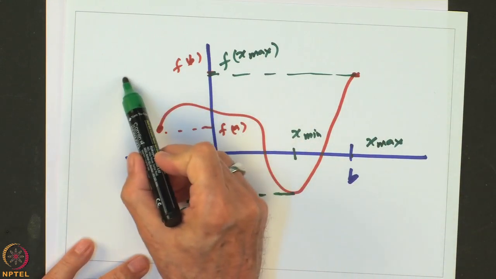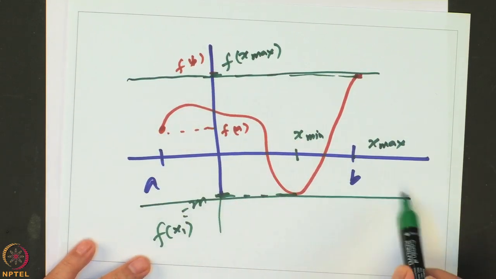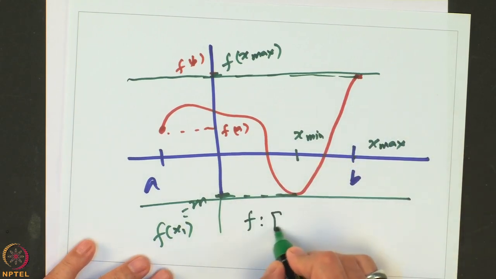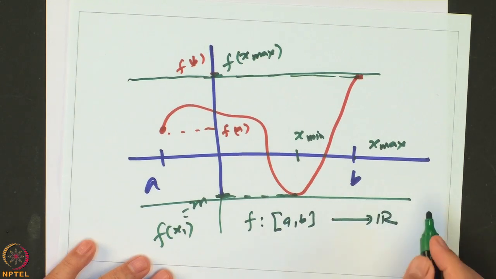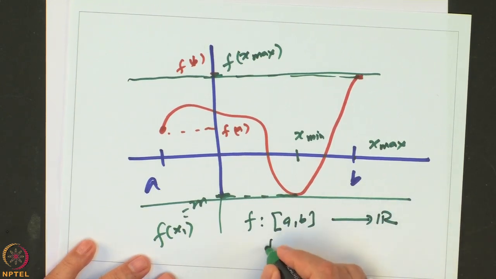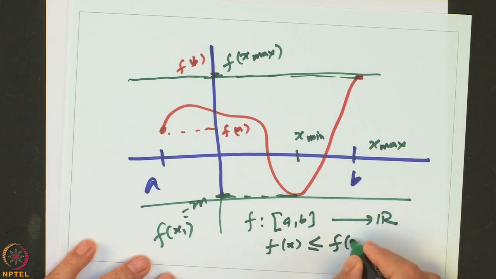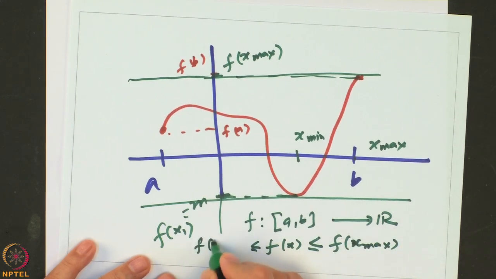So, it says that the graph of the function will lie between these two lines. So, that is what it says. If f is a continuous function on a closed bounded interval [a, b] to R, then it says that f of x for every value will be less than or equal to f of x max and will be bigger than or equal to f at x min.